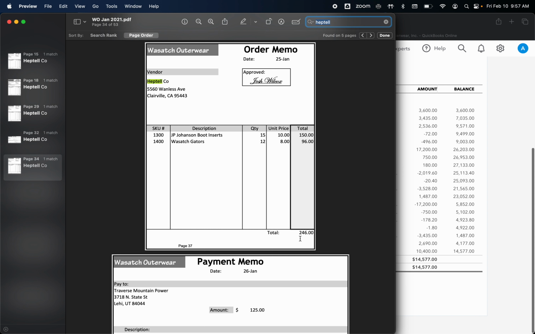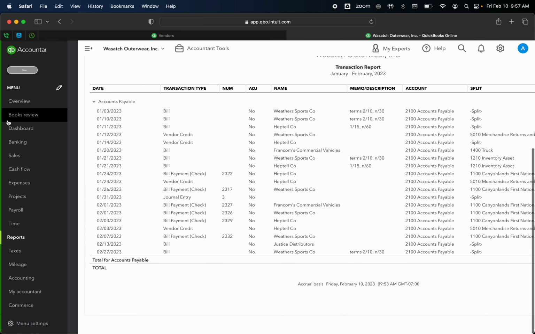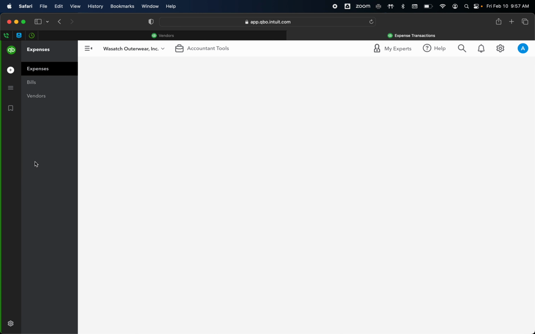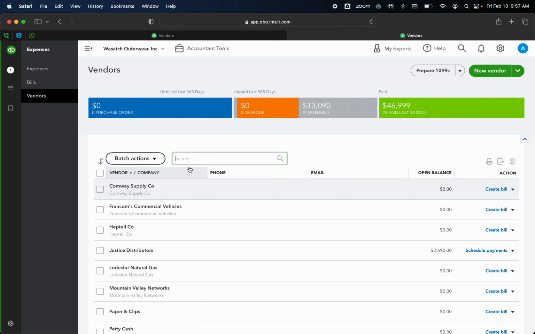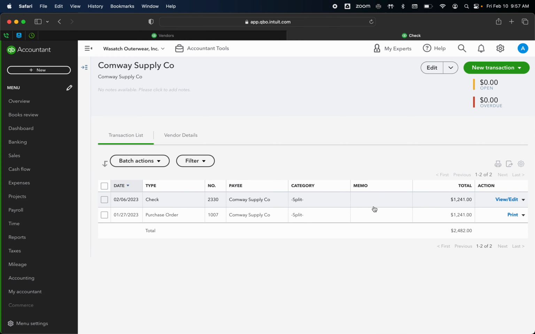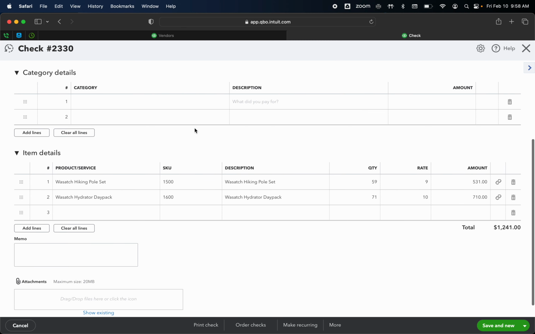Because I see that you cut the check, and I don't even know where that check went. So when we review the expenses and vendors, and go to Conway Supply, and we go to this check. This check went to bank and all these.